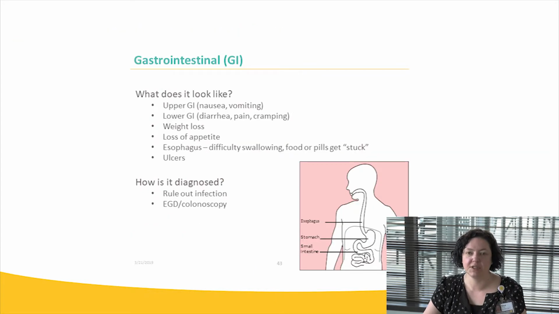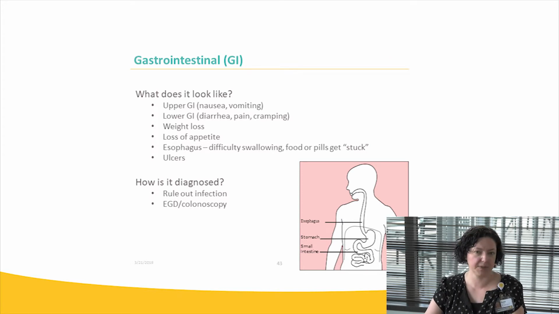GI GVHD is somewhat similar in presentation with acute. It involves either upper or lower GI. If it's upper, you may experience nausea, feeling full after just a few bites, possibly trouble swallowing or feeling increased tightness, or feel like pills or food getting stuck in your esophagus while you're swallowing.